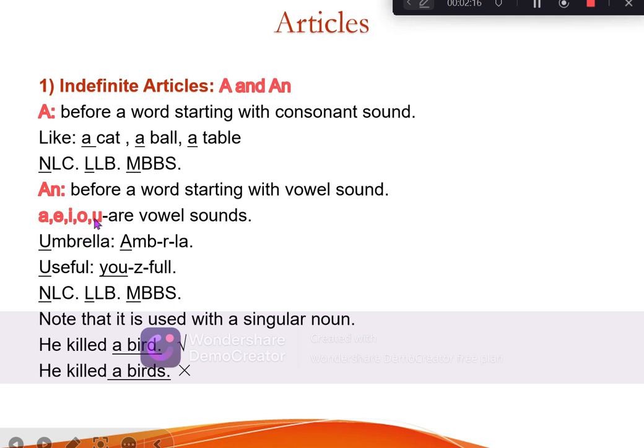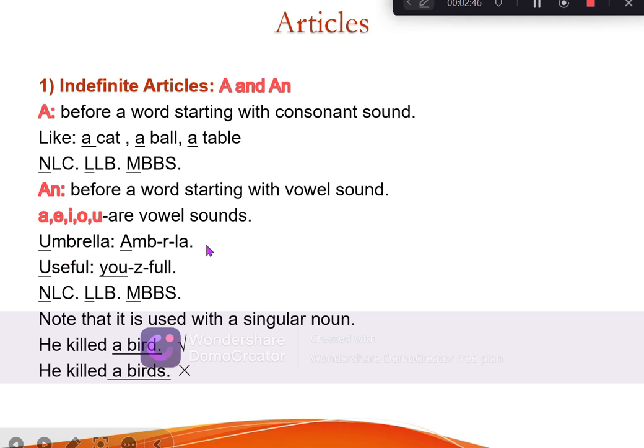The letter u can give us two sounds. In the case of umbrella, it gives the sound of a, which is a vowel sound. In the case of the word useful, it gives the sound of u, which is a consonant sound. So you need to identify the sound of the word before using the article a or an in the case of umbrella and useful.